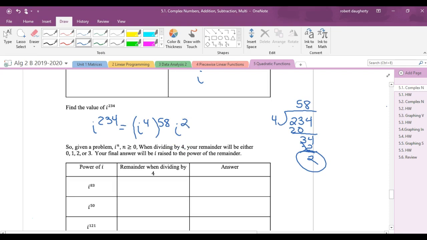So what's i to the 4th? 1. What's 1 to the 58th? 1, okay. The reason I organize this as i to the 4th is that it makes that number always what? 1, okay. That makes it real easy. All I'm left with is i squared. What is i squared? Negative 1. This thing is negative 1, okay.